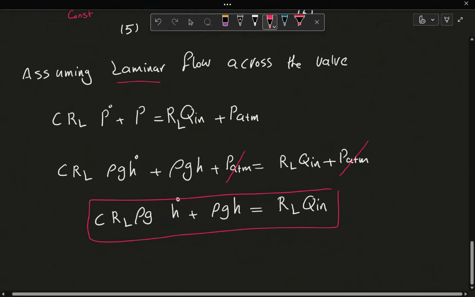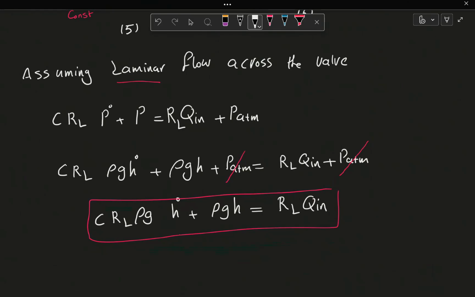Now, what if you change your assumption? What if you change the flow to turbulent?